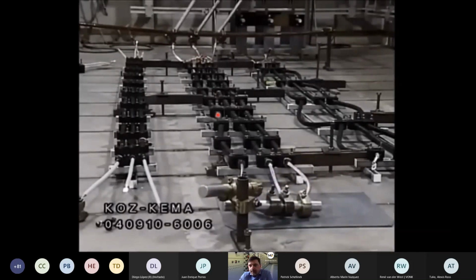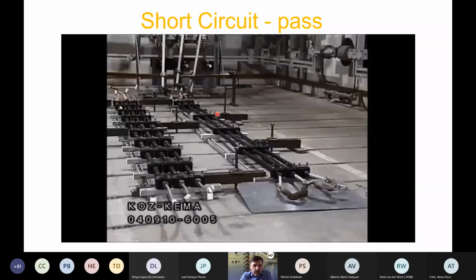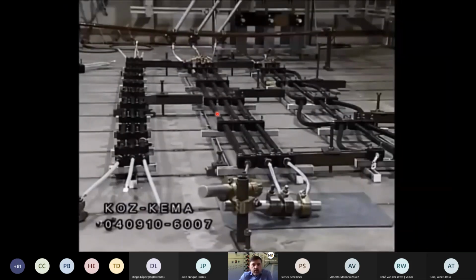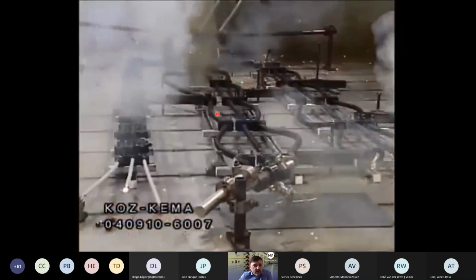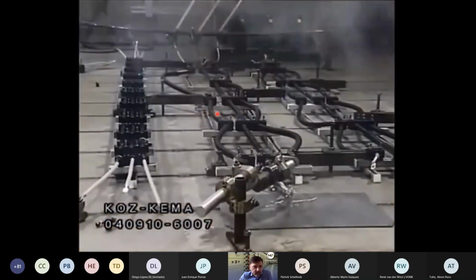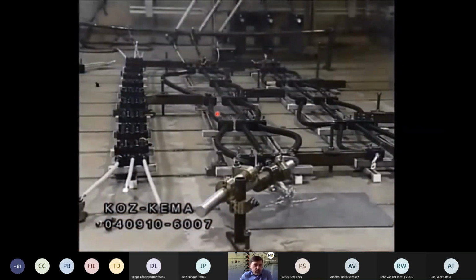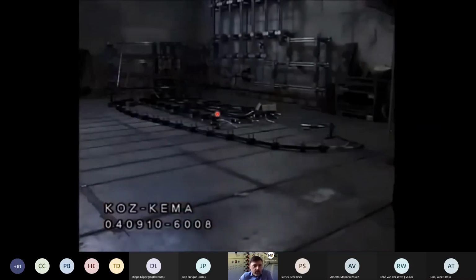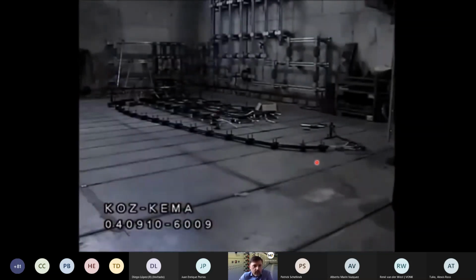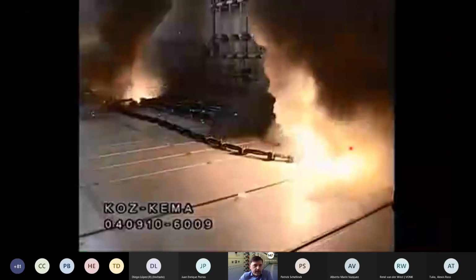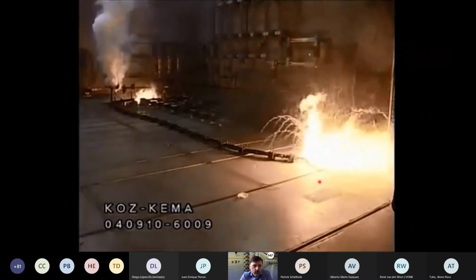And this was okay. And the next video is a little bit different. And this is definitely not good. You will see why the short circuit rating is important. If it's not done correctly, it might lead to much worse damage. So that's short circuit going into arc flash.